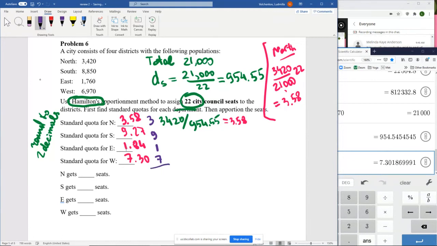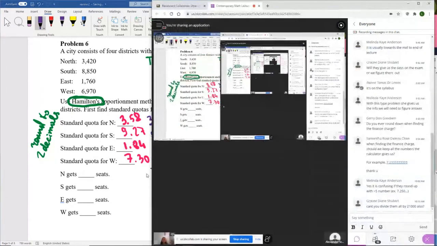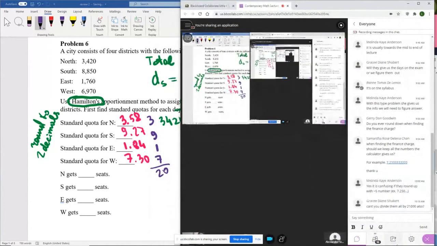So let us find the sum. 9 plus 1 is 10, 3 plus 7, 10, so we have 20. So we have to distribute 2 extra seats.